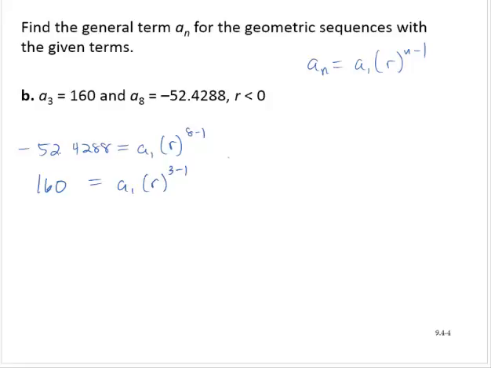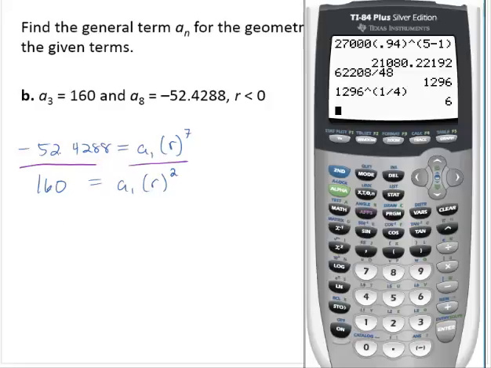Let's clean up those exponents a little bit. 8 minus 1 is 7, and 3 minus 1 is 2. And now I'll divide through term-wise. Alright, use a calculator here.